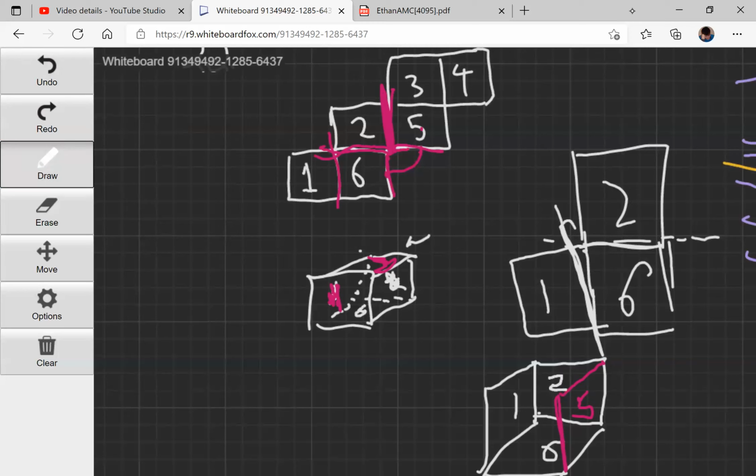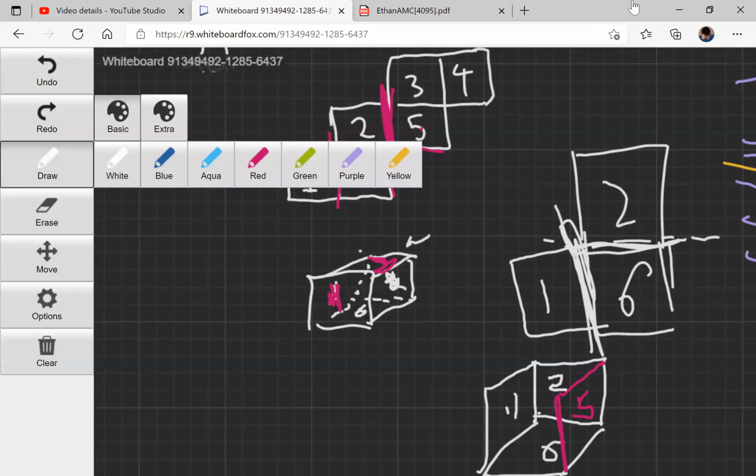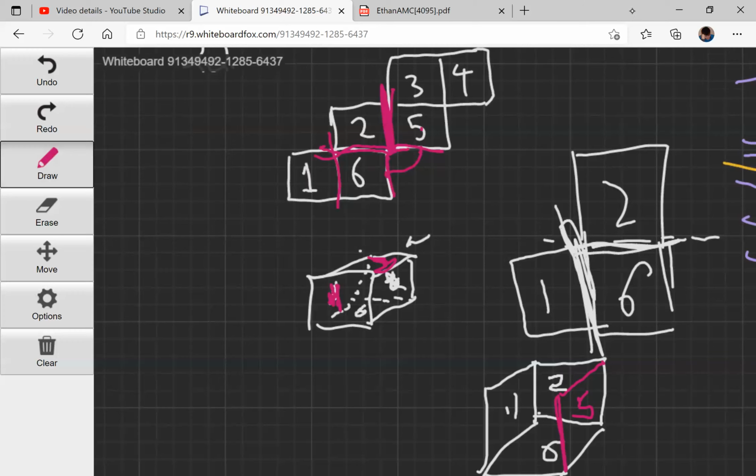So this folds here, right? And this folds there. And you get 2, 1, 6 like that. The 5 goes here. Can you see the 5 folds into the 6 like there? And the 2 there, see?